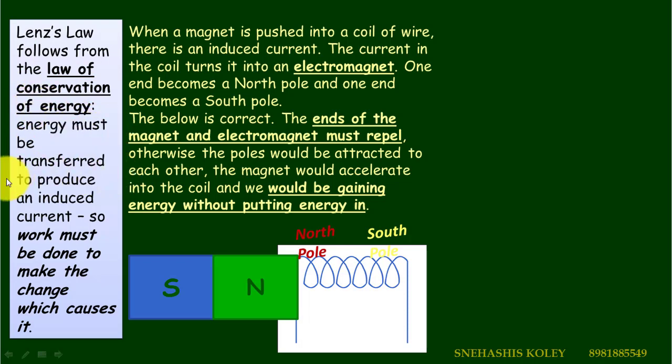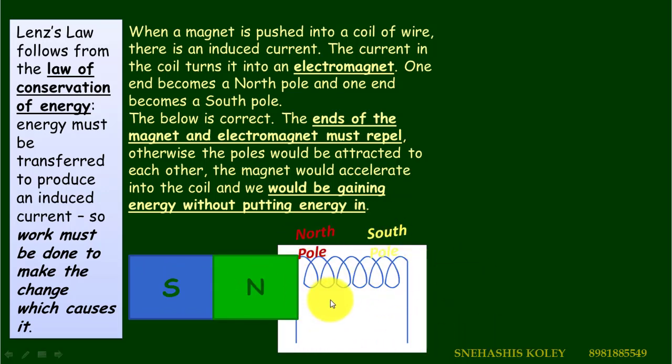and in this context the energy must be transferred to produce an induced current. So work must be done to make the change which causes it. That means we have to do some work when we bring the north pole towards the solenoid, and this work done is converted into electrical energy, and there will be a flow of charge particles, or an induced current, in the conductor.